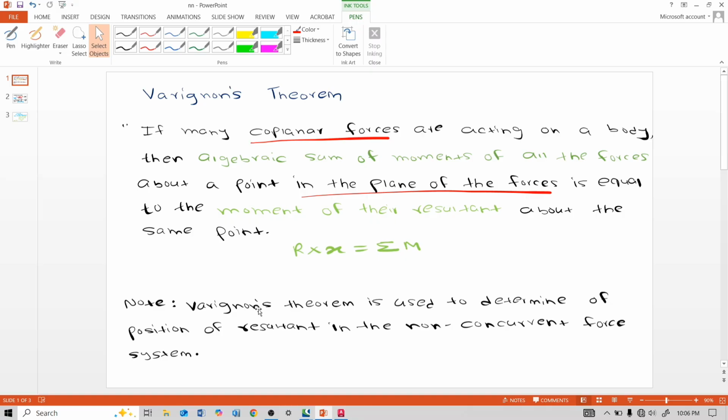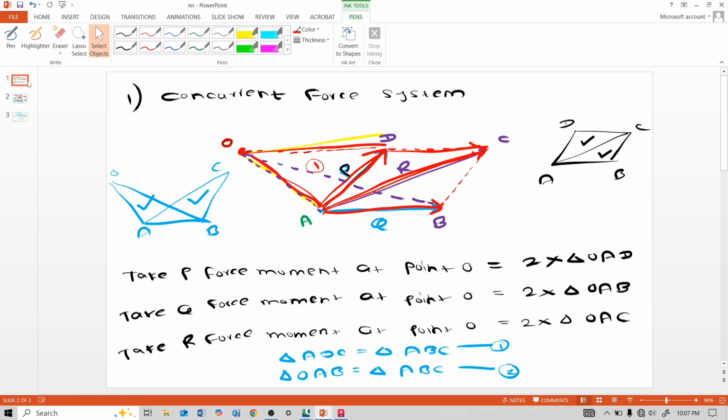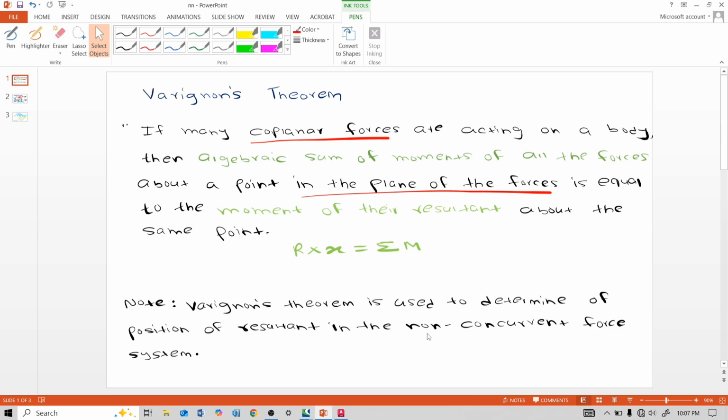So here in a note we wrote non-concurrent, because in our second case we will see the non-concurrent force system. Here I proved it with the concurrent force system, and in the next lecture we will see the non-concurrent force system.